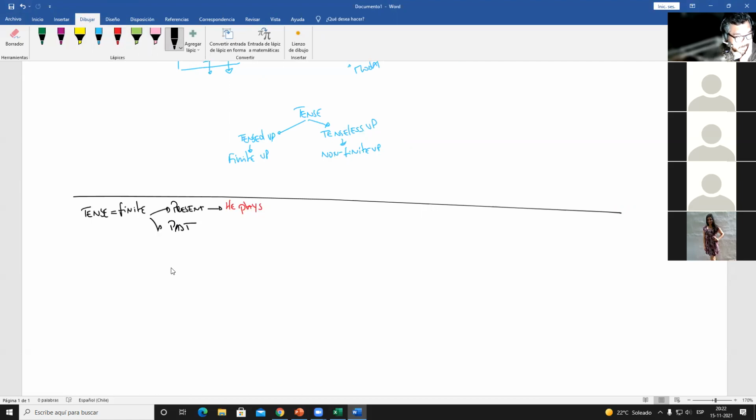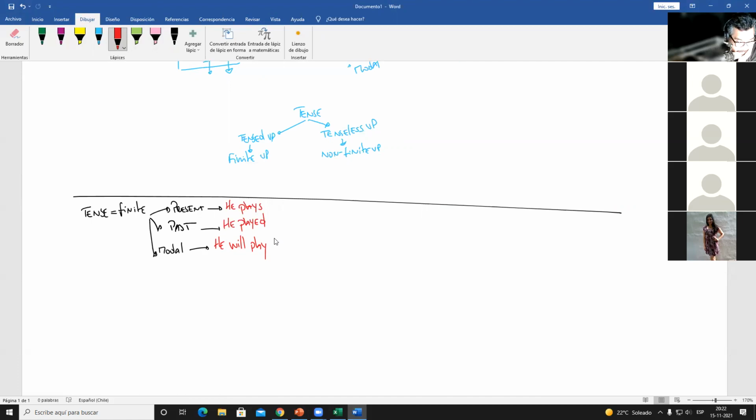And if I say past, the example would be, he played, right? Now, they also say that you have a third version of this, and the third version will be the presence of a modal verb, right? So my example will be, he will play, right?